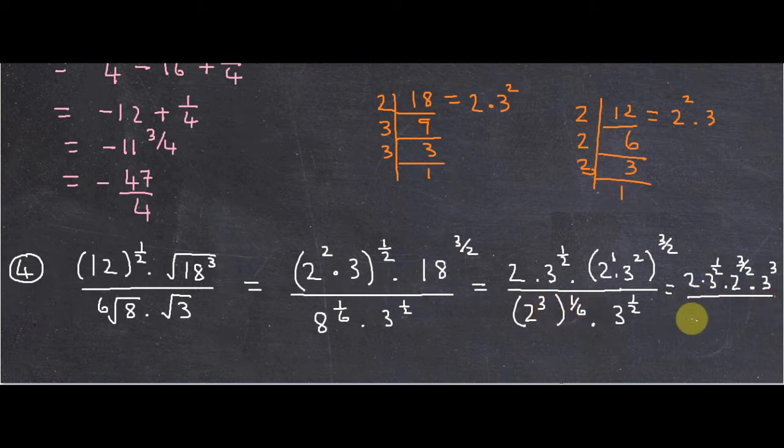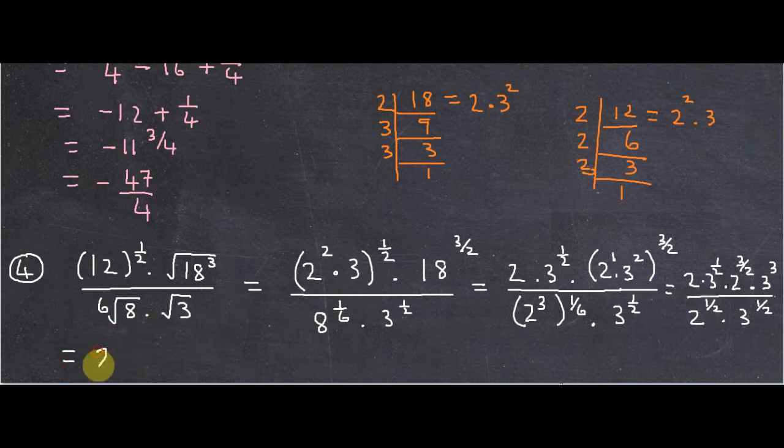3 times a sixth is a half. And we have 3 to the half left as well in the denominator. Now we can add the powers for terms with the same base on top.